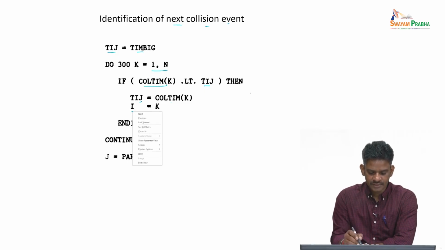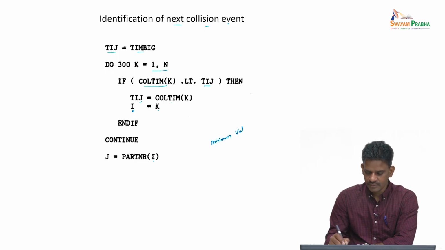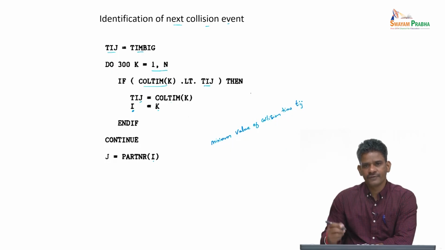and you also store the particle k which has the least collision time into some variable I. When you loop over this continuously, you will find the Tij which has the least value and the corresponding particle I. Once you come out of the loop, you can find the partner of I, and that will be J. By doing this loop, we get the minimum value of collision time in the entire set of collision times.